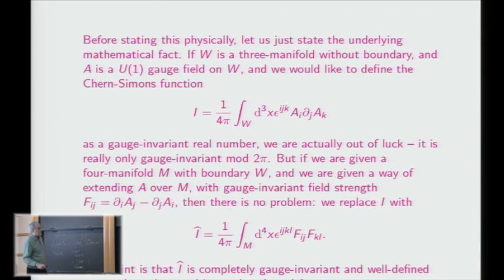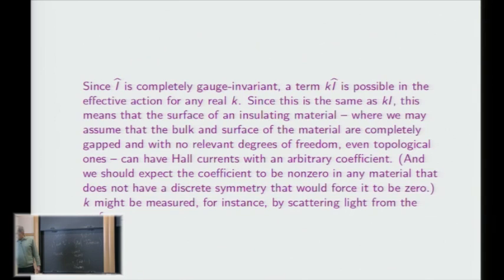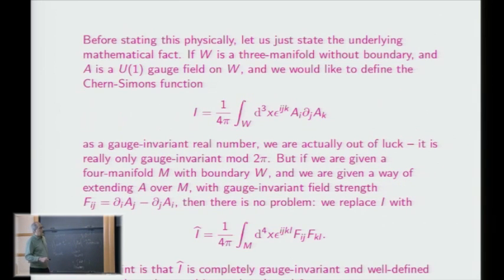Then there's no problem. We replace I with I hat, which is this. That's the integral of f wedge f, written the way physicists like to write it. Well, this is manifestly gauge-invariant and well-defined as a real number. And mod 2 pi, it's congruent to I. So if we're given this additional information, we can define the Chern-Simons function as a well-defined real number.